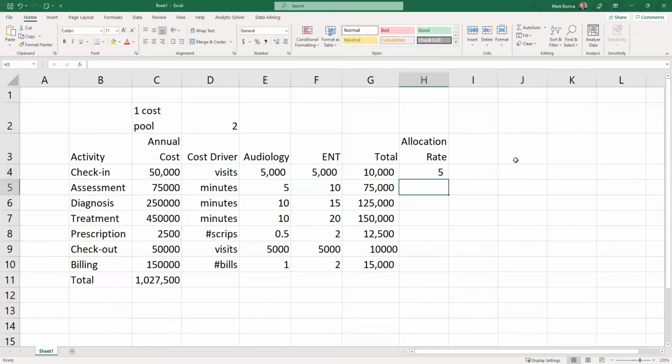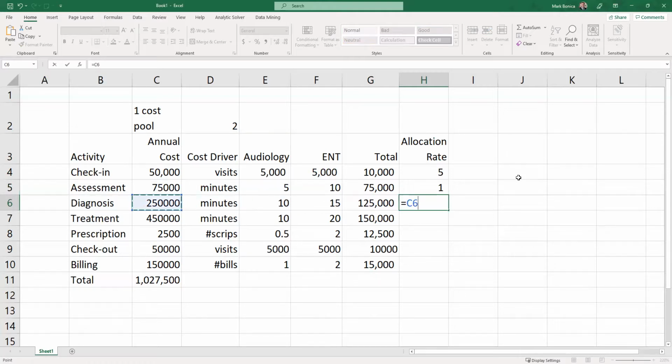So in this case, 5, so it's going to cost $5 per visit for check-in. How much is it going to cost per minute for assessment? Well, it's going to be 75,000 in cost divided by 75,000 minutes. So it's going to be $1 per minute.